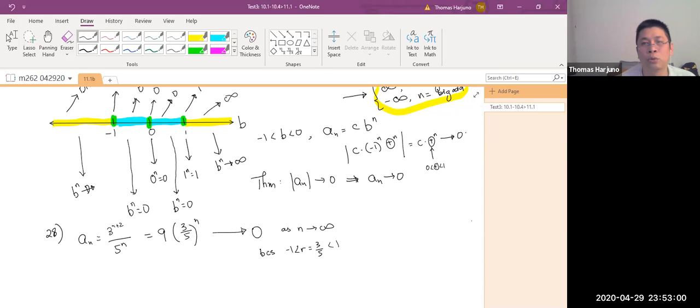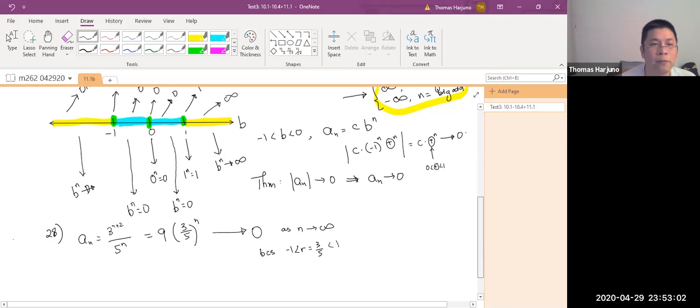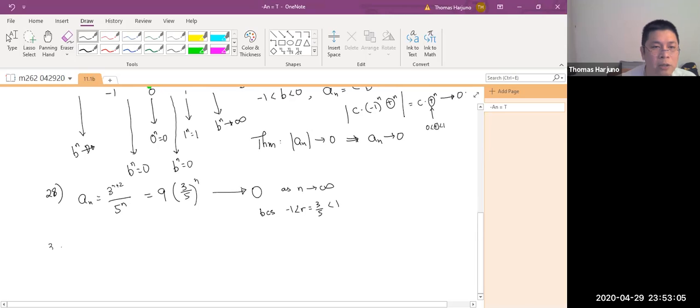Number 32, we can argue quite fast. I think I did number 32 also last time. This time I argue with a better theory behind us. E to the 2n over n plus 2.